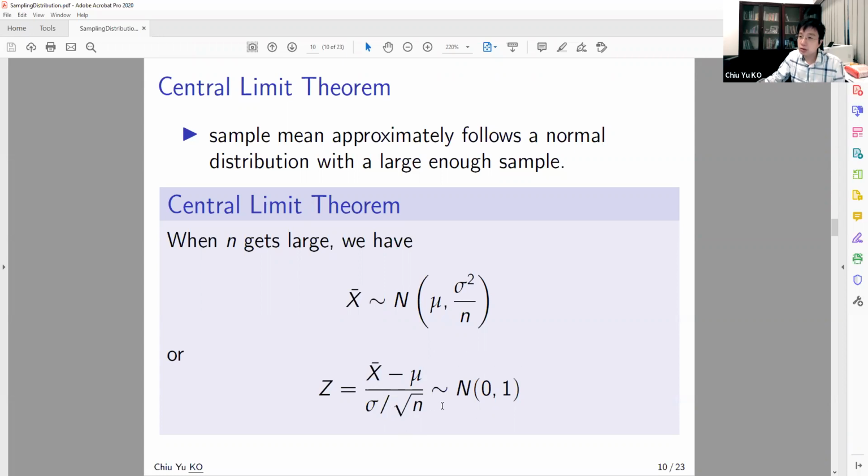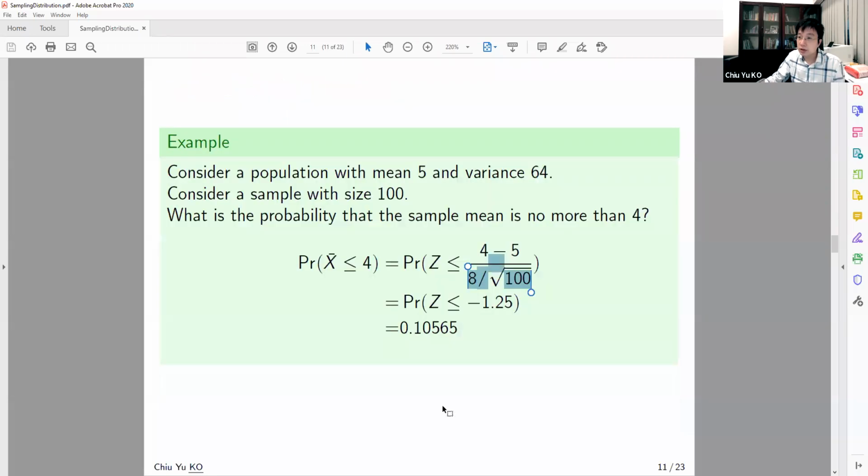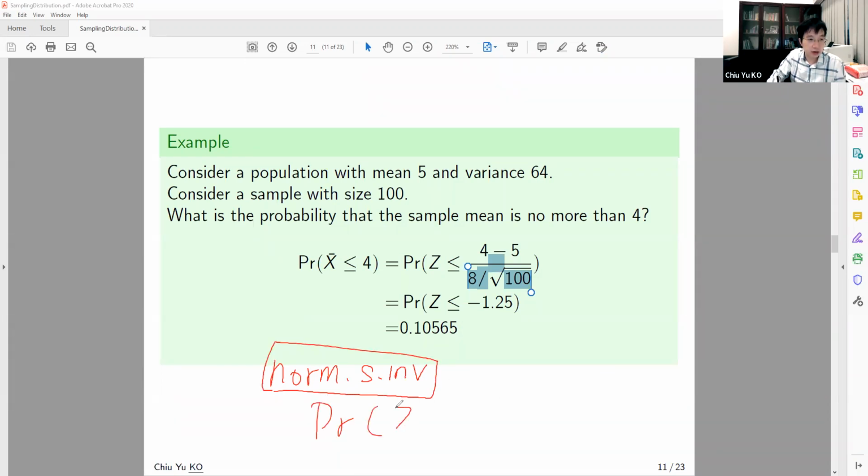So, Vicky, do you get what I'm saying? The normal inverse is not for this purpose.